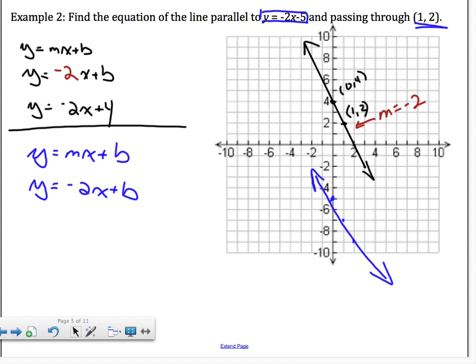So again, what does that mean to equation of a line? What does that mean in a relationship? When we have 1, 2, when x is 1, y is 2. If a line passes through that, what does that mean again?